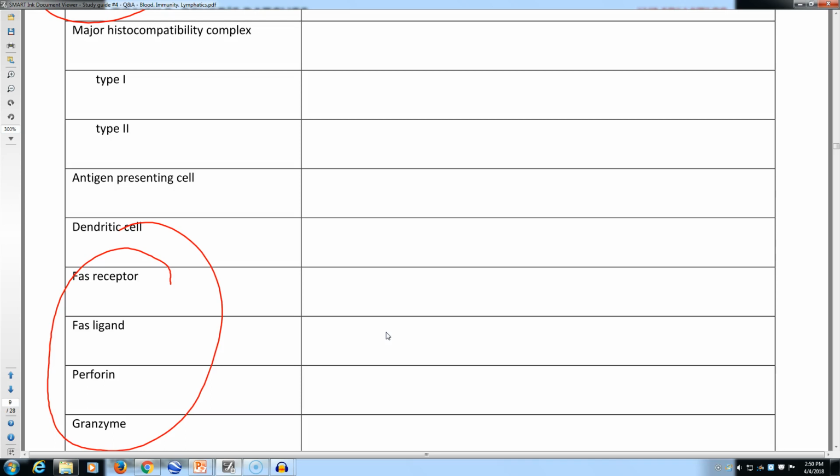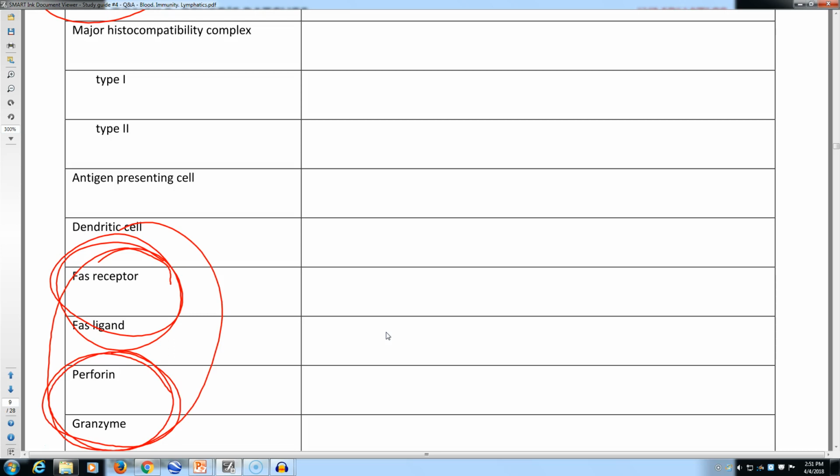But Fas receptor and Fas ligand interact, and that initiates apoptosis of the infected cell. So that's going to be one mechanism. Another mechanism is when perforins perforate the membrane and allow granzymes to enter the infected cell and kill it by inducing apoptosis.